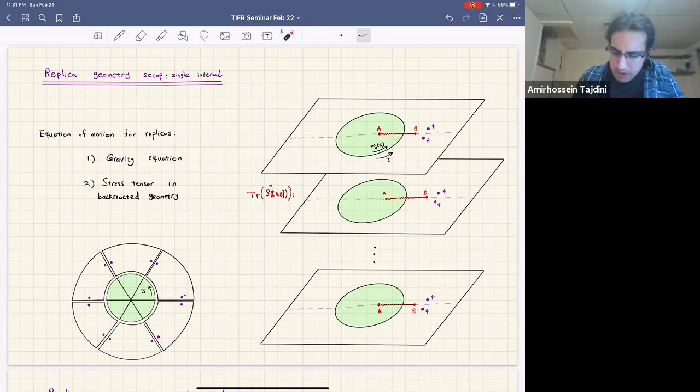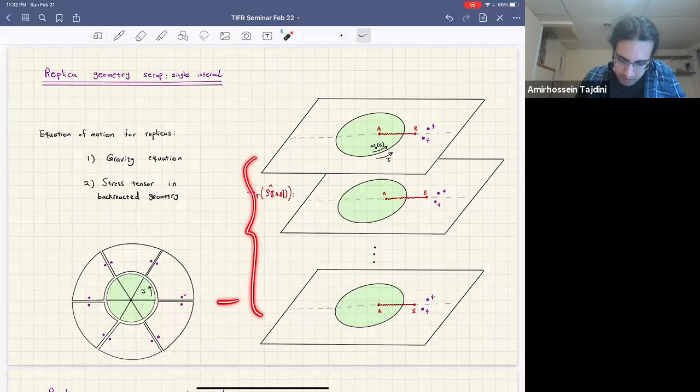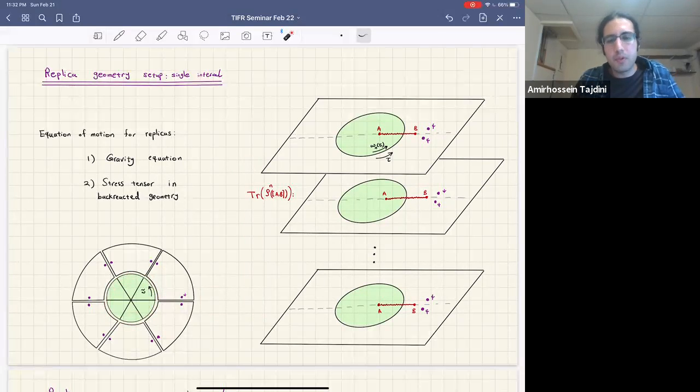Here, since I have only one endpoint in the gravitational region, the gravity part is simple, because if you uniformize these sheets, you can just uniformize them with a disk. This is also something that happened in the East Coast paper. The only difference here is that on top you also have these psi operators that in Lorentzian give you the shock waves, and in Euclidean give you something else.